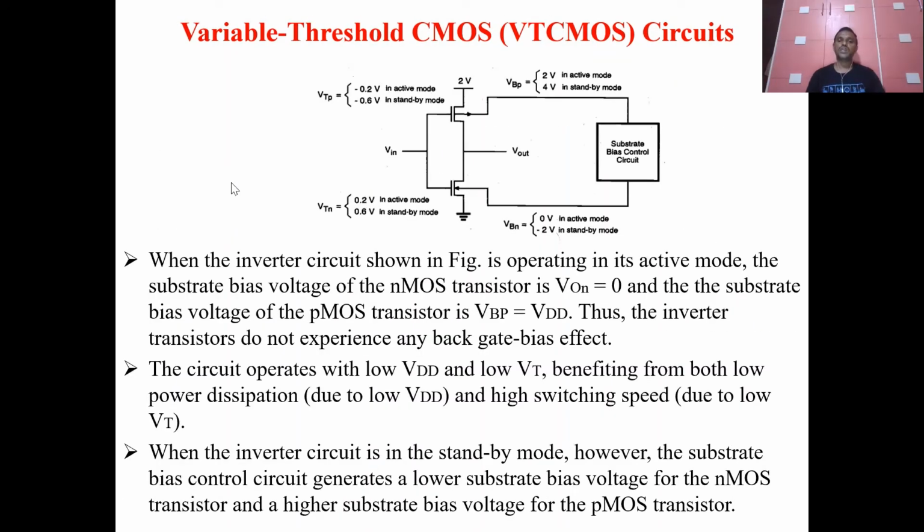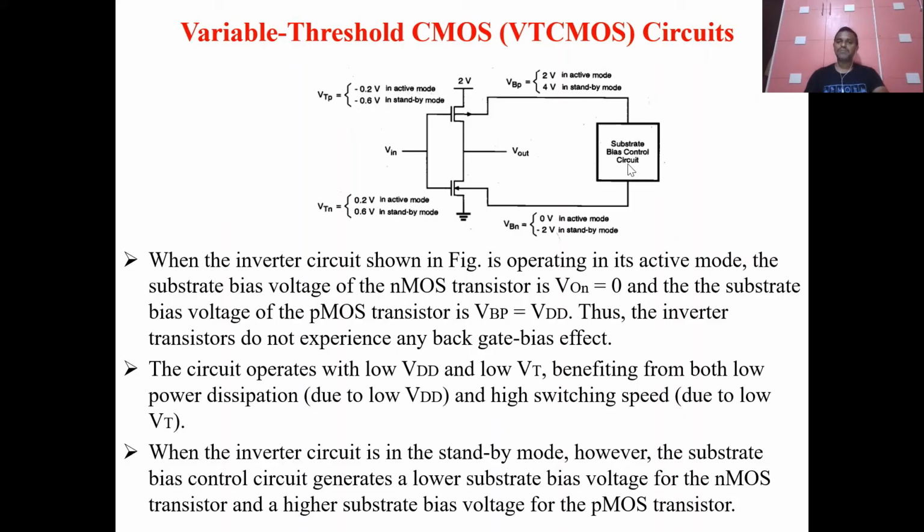We get these leakage currents whenever we apply a lower threshold voltage. But here, in active mode, the threshold voltage is 0.2 volts for NMOS, and minus 0.2 volts for the PMOS transistor.